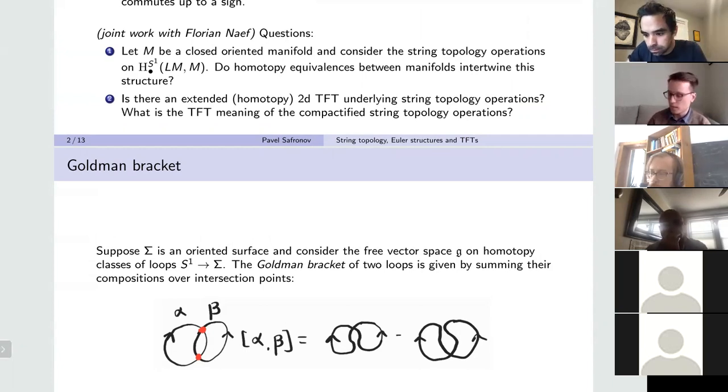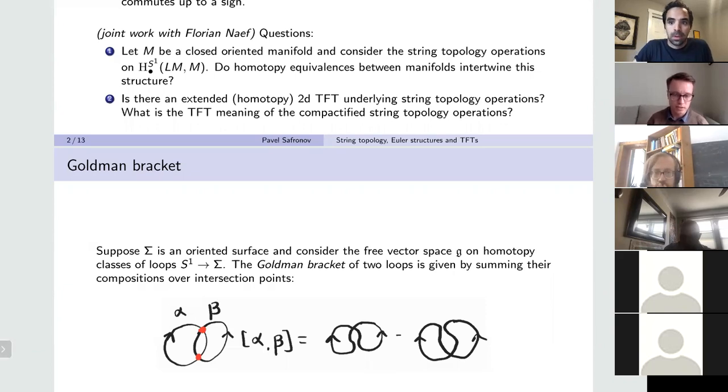So basically, if you have two loops, generically they will intersect just because they're one-dimensional submanifolds. Let's say you have a bunch of intersection points. Then you sum over intersection points with certain signs, so you're basically doing a signed intersection number. And then you just compose the loops at the intersection points.